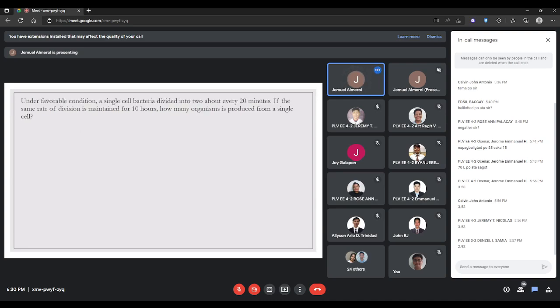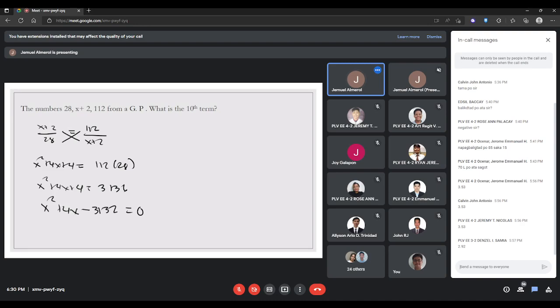Ano yung factors niya? 58 times 54. No? So x plus 58, x minus 54. Check kung tama. So obviously, we can use x equal to negative 58 and x equal to 54.